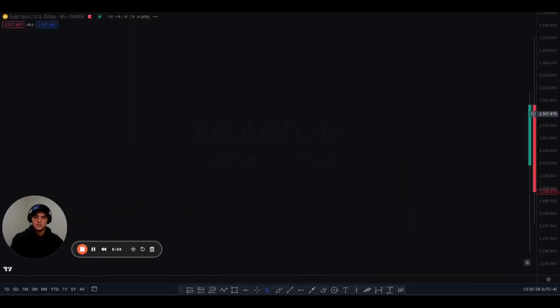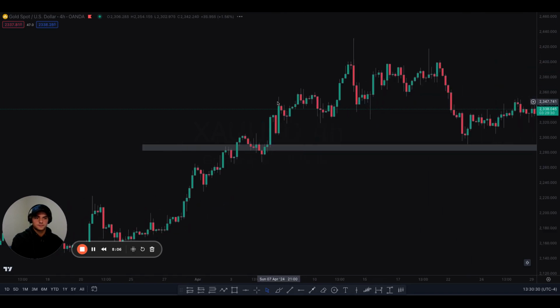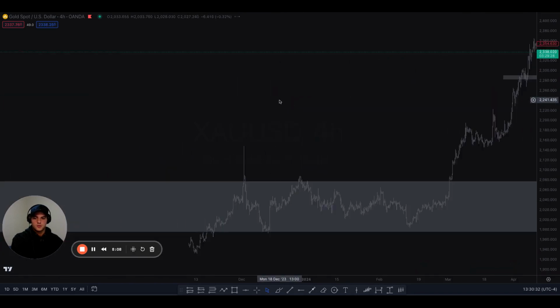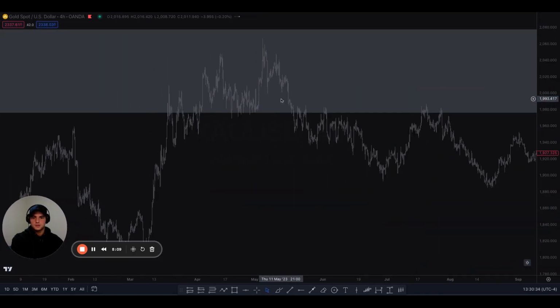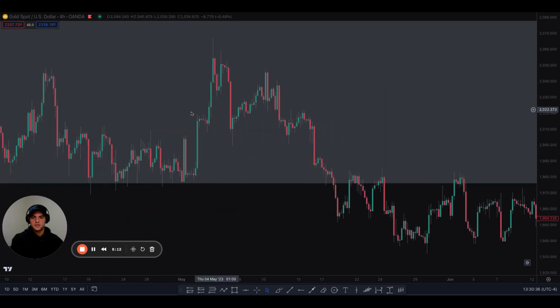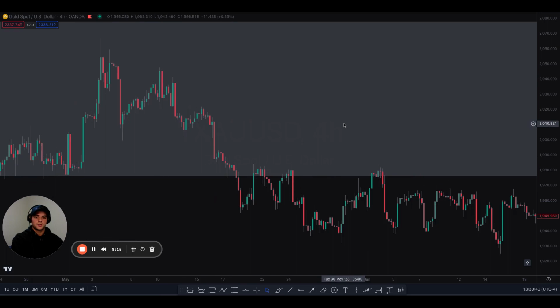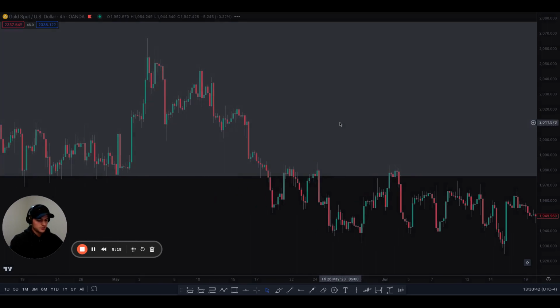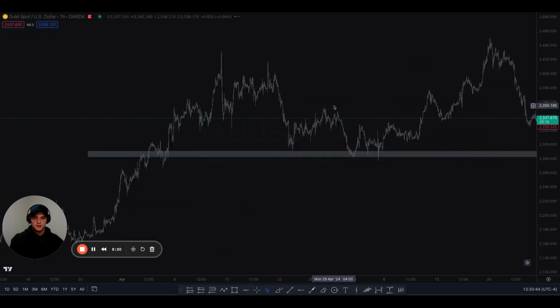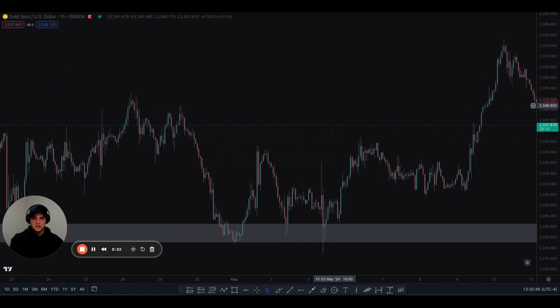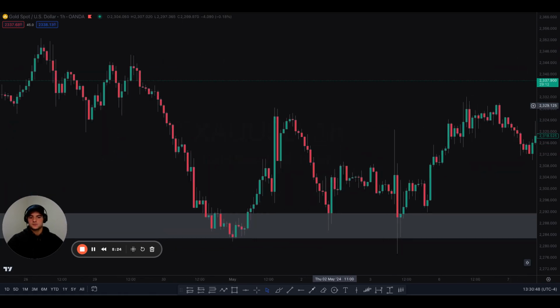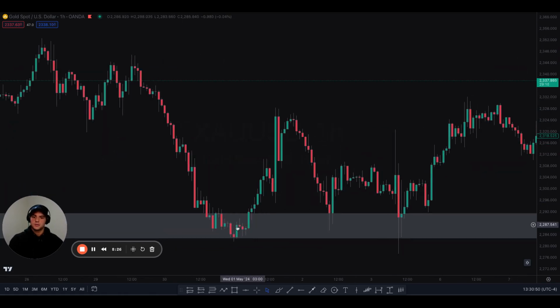That is the daily. If we go to the 4 hour, you're going to see another confirmation. You see there's a lot more candles. So once you start to understand all these time frames, you're going to look at it and make a better decision, right? So this is the 1 hour time frame.